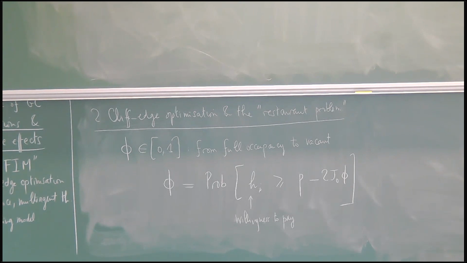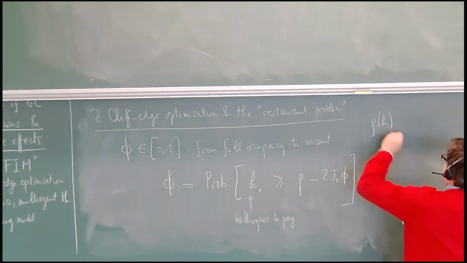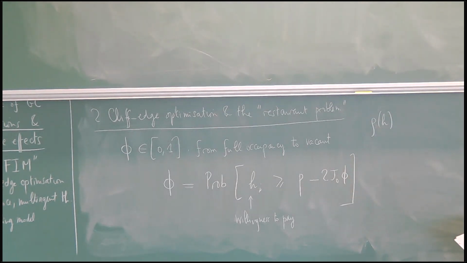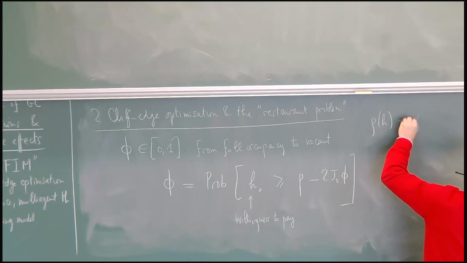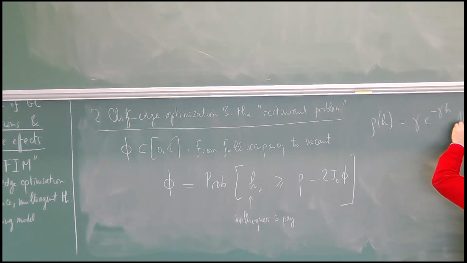Okay. And in order to make things concrete and to compute things that I just alluded to and drew graphs of general value before, I'm going to assume that rho of h, so the willingness to pay, is gamma exponential of minus gamma h when h is positive and 0 elsewhere.